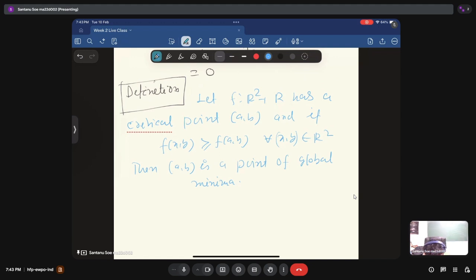Okay. Now here, if we can somehow show that f(x, y) is greater than or equal to f(0, 0) for every x and y, then we can surely say that 0 comma 0 is a point of global minimum. Okay. So now look at our function.